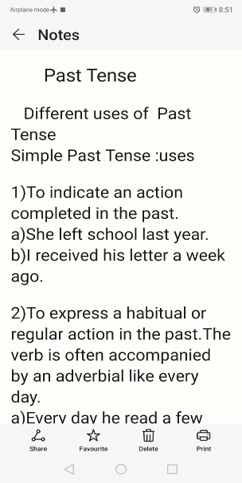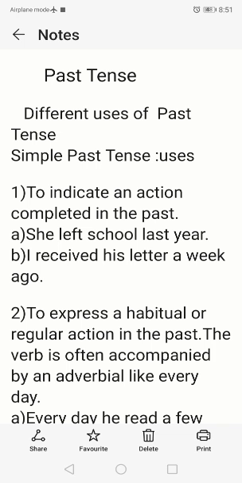Okay, she left school last year. Her leaving of her school has already been completed last year. And I received his letter a week ago. The action is already completed. To indicate that one, we have to use simple past tense.